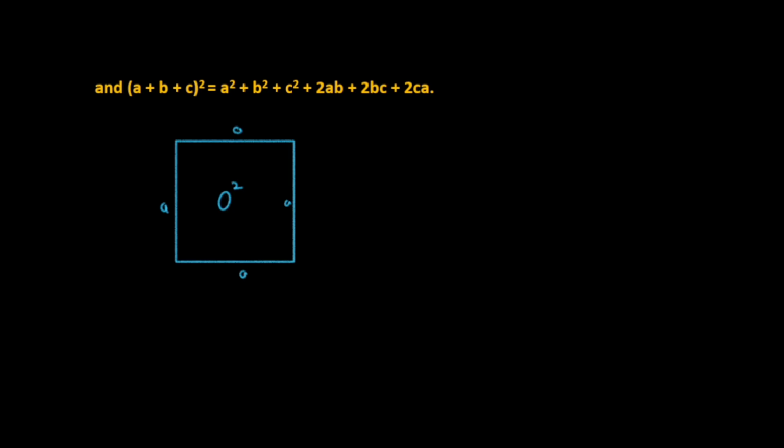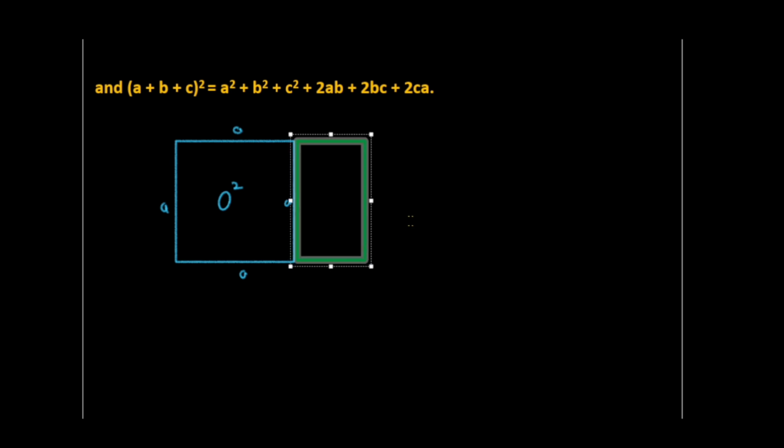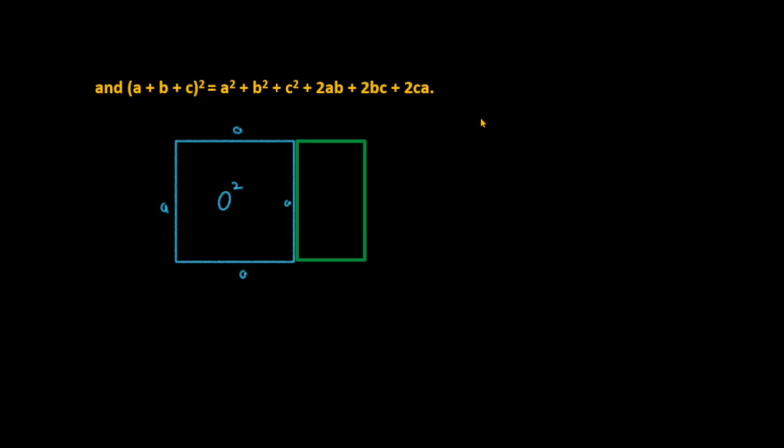Next, a square with side B. So now we are going to take a rectangle, sorry, not a square.